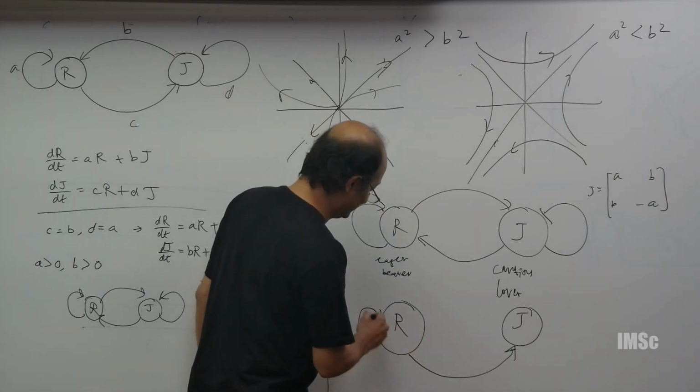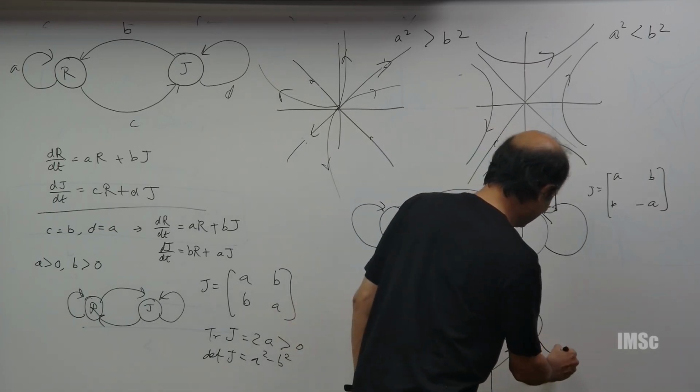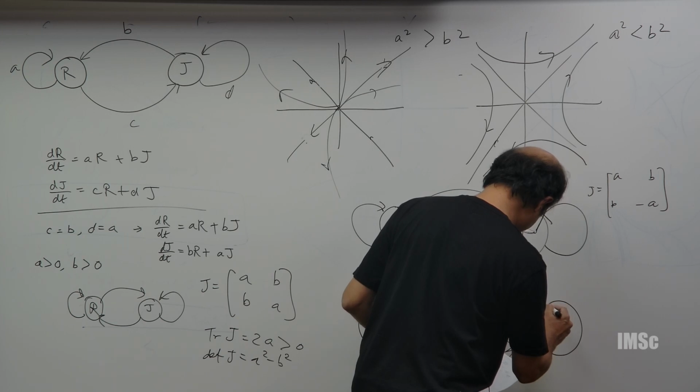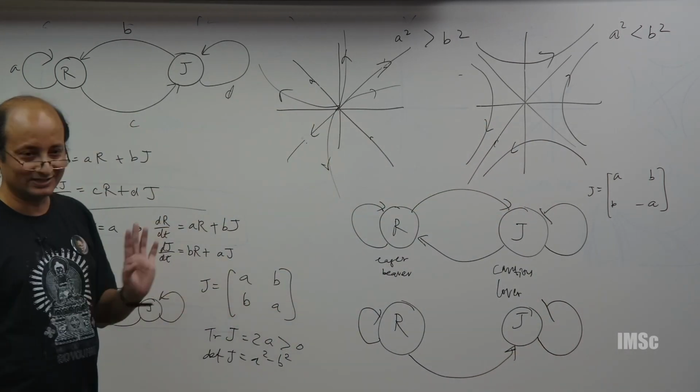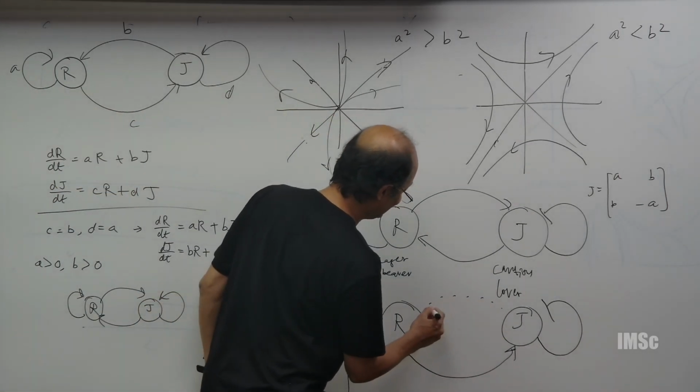They are cautious lovers. So far it looks like two cautious lovers approaching each other, but now the problem is this is 0.